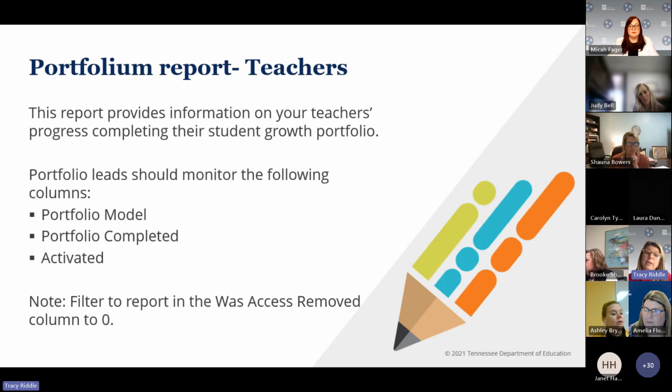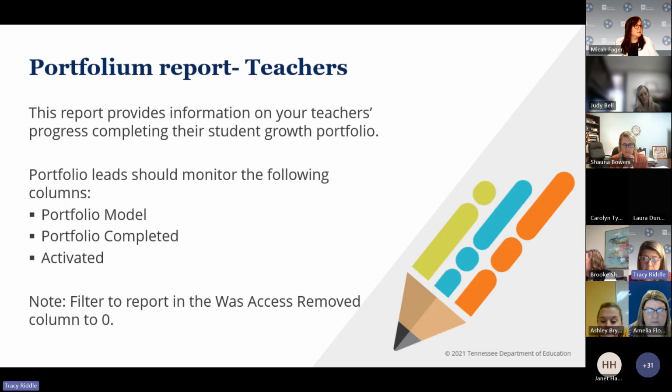There is a portfolio completed column that most likely in February teachers don't have their portfolios completed yet, but I want you to know where that is located so you can begin monitoring that over the next few months. And then what's most critical right now is that the activated column has a 1.